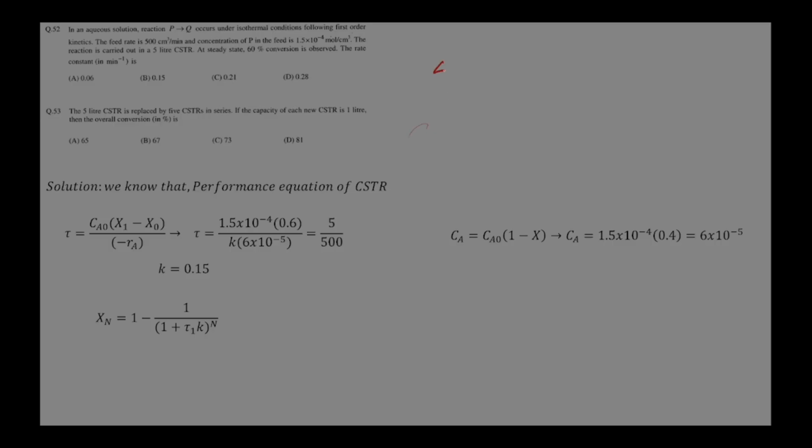So we can see, for CSTR, if this is x1, x2, x3, x4, x5, then x1 will go like this.